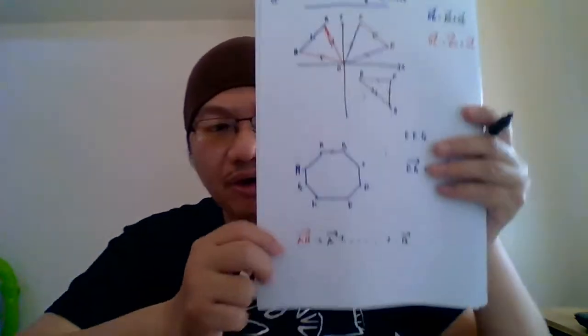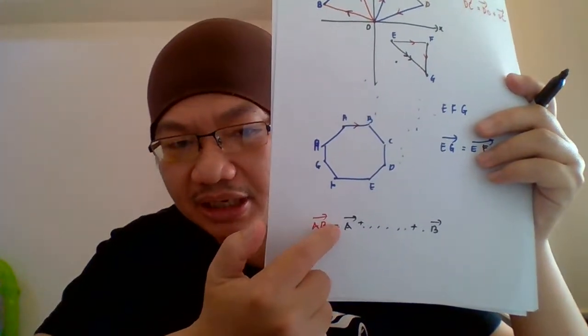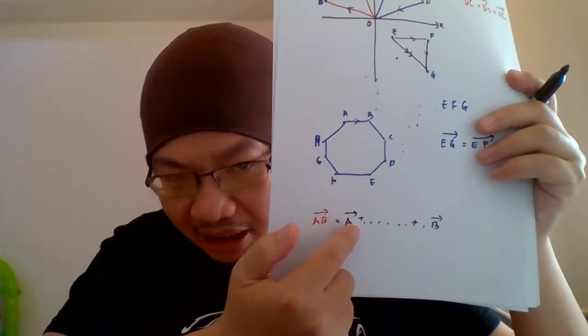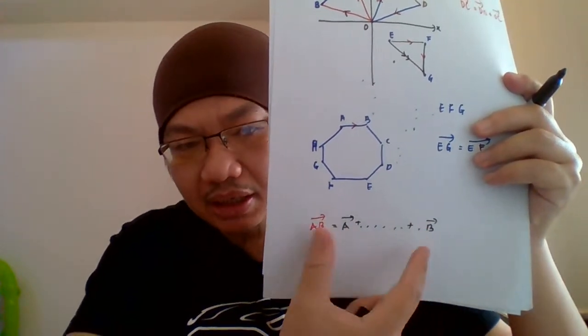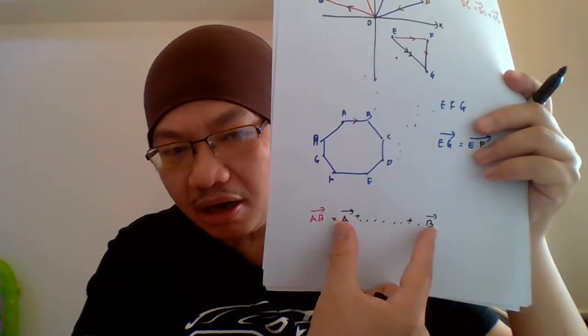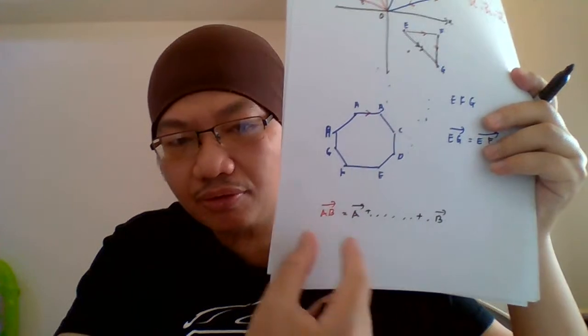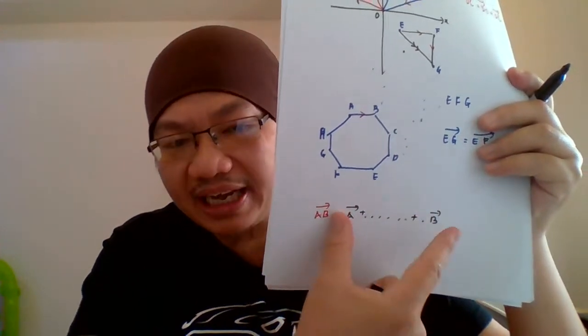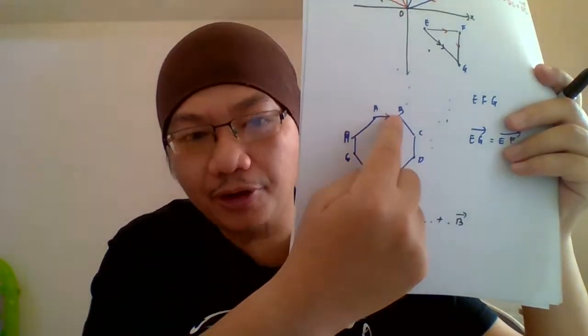The vector AB equals vector A something plus blah blah blah plus something B, and the start and end letters must be the same letters as the vector itself. So A and B.